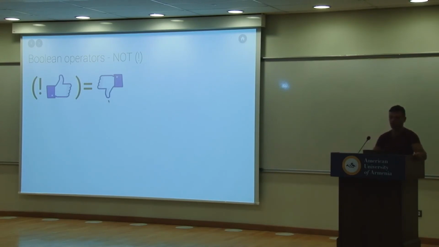So this is very often used to mean not. It's the opposite, you flip it. So if you flip true, you get false. If you flip false, you get true. Easy, right?